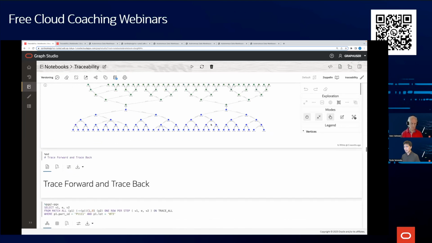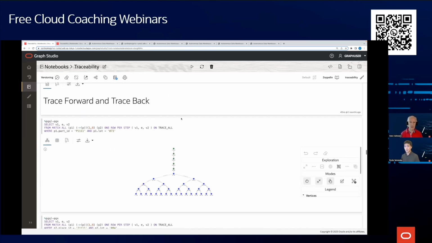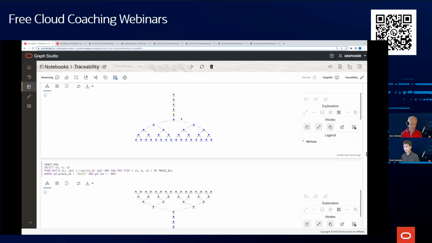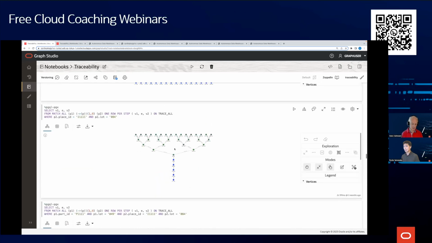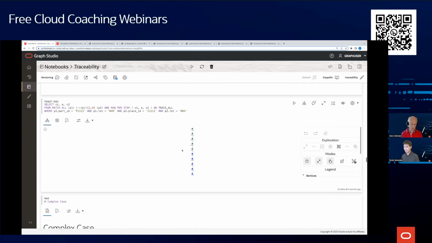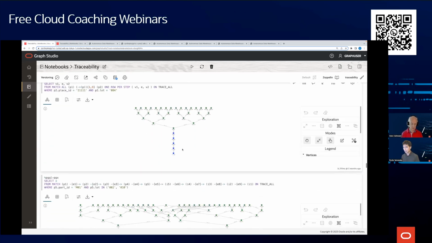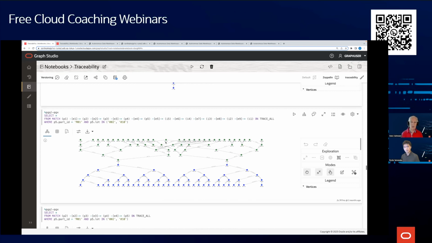So the actual graph will be very large, and then we can run trace forward and trace back queries, but this is against a small data set. So let me show you a little more complex data like this. One particular lot of a particular part can be supplied to different parts.